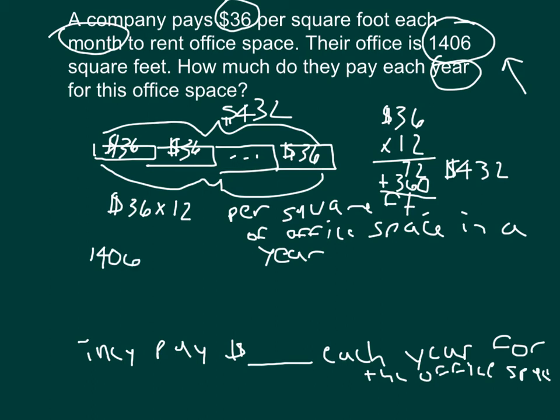So I would have to take that 1,406, and for every single square foot it's $432 per year. And the office has 1,406 square feet, so I have to multiply 1,406 by that 432.